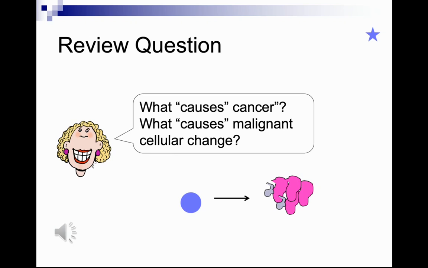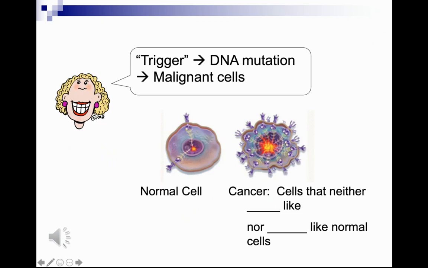Now let's look at the question. What causes cancer? What causes malignant cellular change? Some trigger, which we call a carcinogen, that trigger results in DNA mutation. DNA mutation causes cancer.